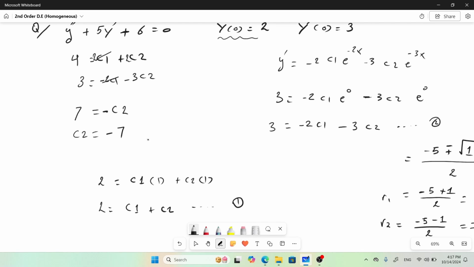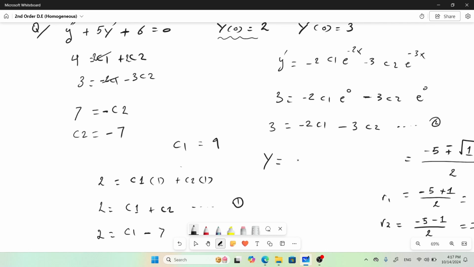Since we have the value of c2, we can substitute it back into any equation here. So let's substitute it back into equation 1. So we have 2 is equal to c1 minus 7, so c1 is equal to 9, and now we substitute it back into our general solution.